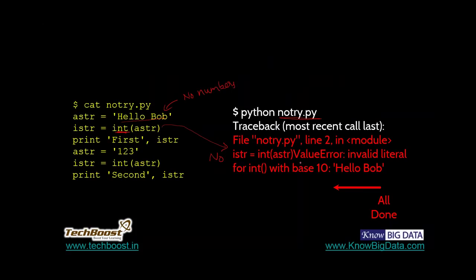What is the error? Look at the error thrown by Python: ValueError, invalid literal for int() with base 10. So it was not able to perform the conversion, right? Now in this case the program has terminated throwing this error.